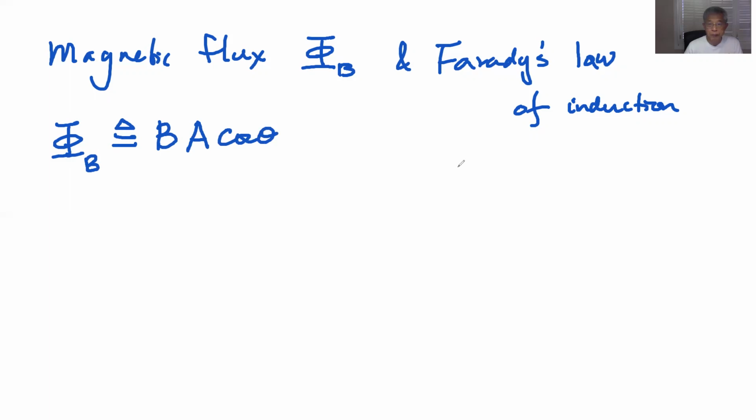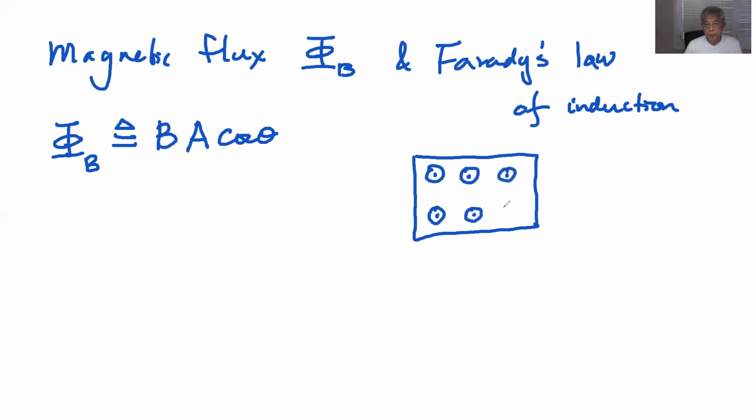So let's say we have a loop that goes like this, and we have the magnetic field that's coming out of the page. In this case, theta is equal to 0 degrees.